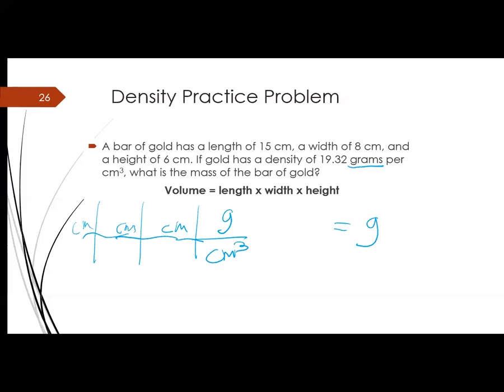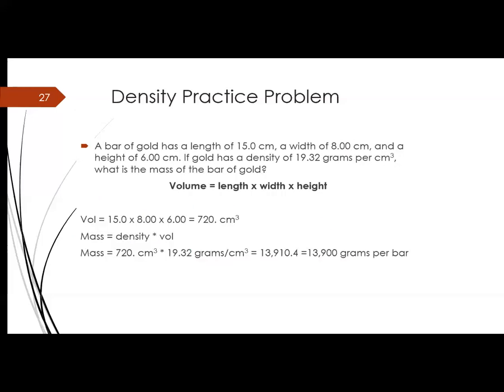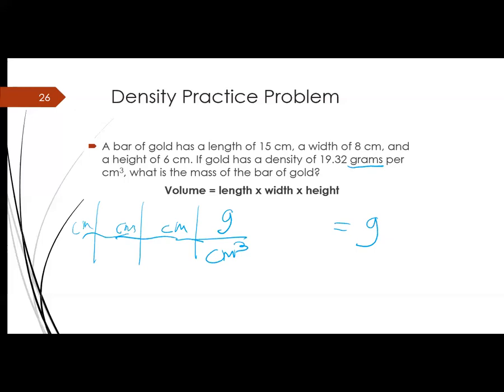Now, I could have written this out in a couple ways. I could write it out kind of like how I did it here, where I have my volume first, where I multiply those 3's together, I get my cubic centimeters. I then multiply that by my density in order to get my grams per bar. But for me, I find this method a little bit easier to use as I lay out my boxes.